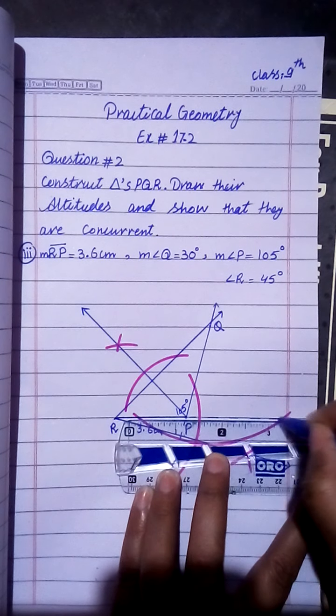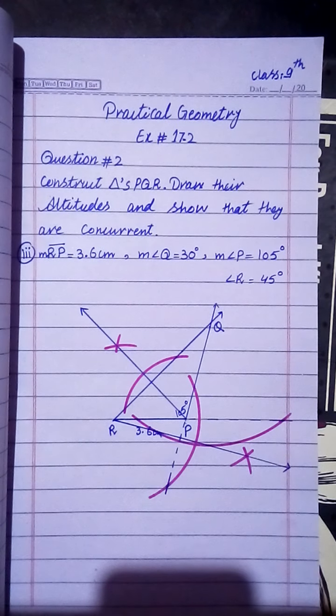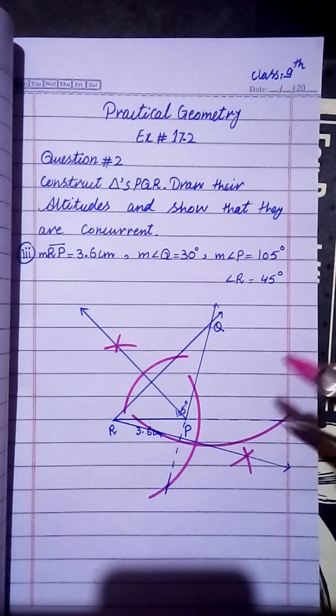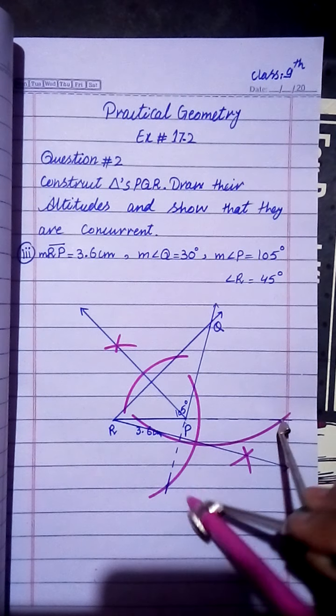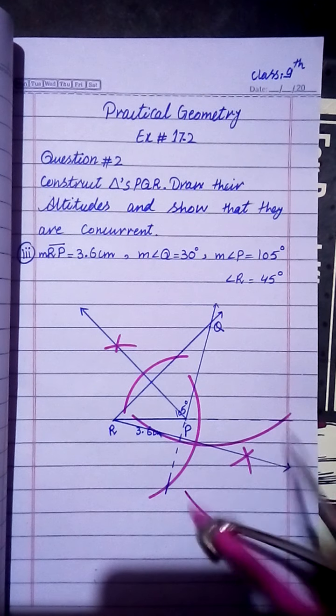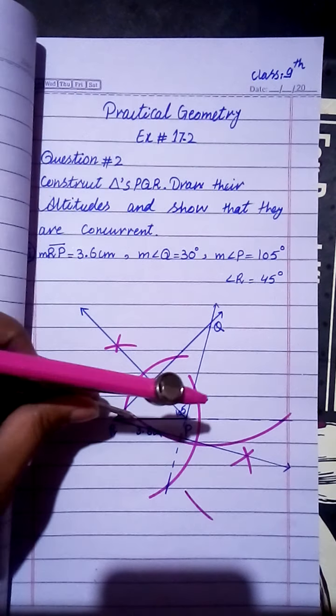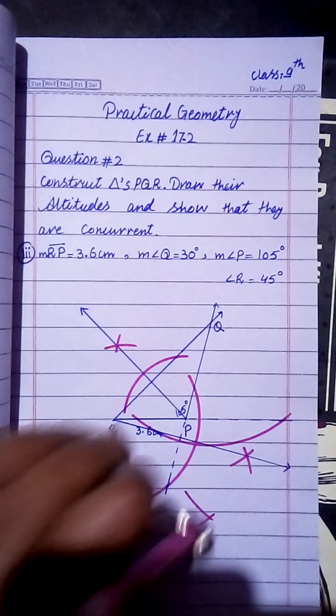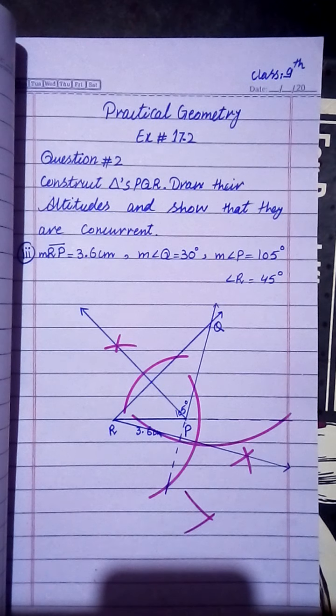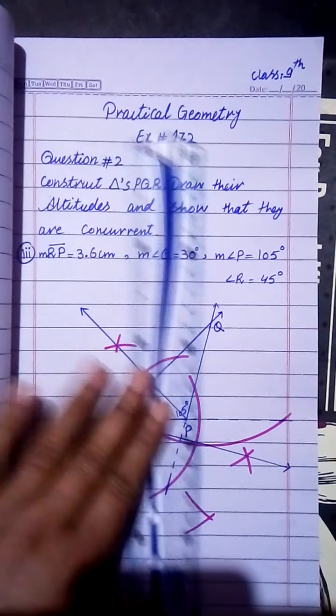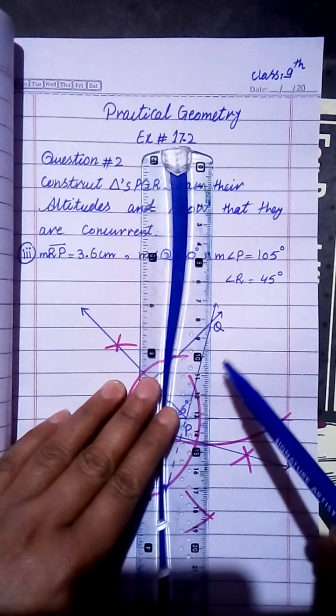Now you have to get second point of intersection. Now you have to use the same radius. Now put compass at first point of intersection. Now put compass at second point of intersection, draw arc. Now you have to join with Q vertex.